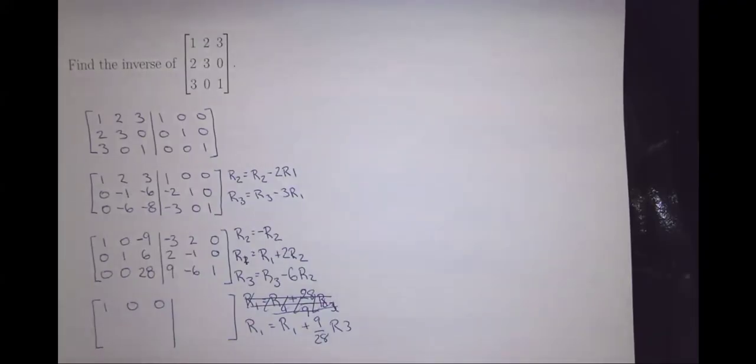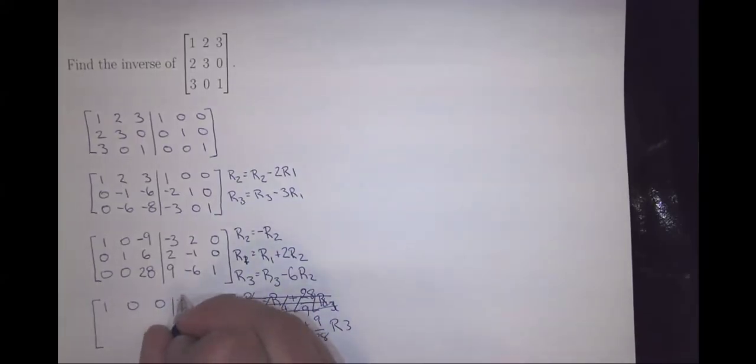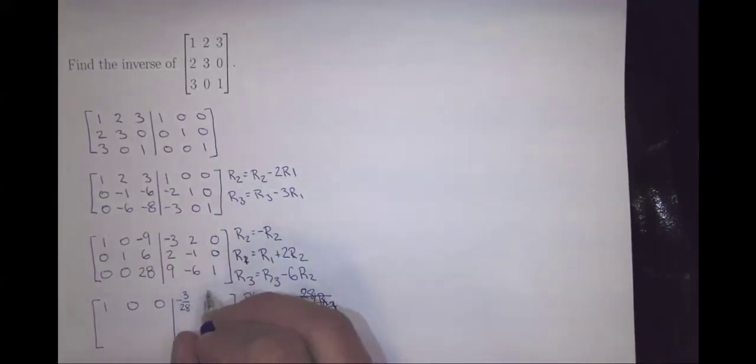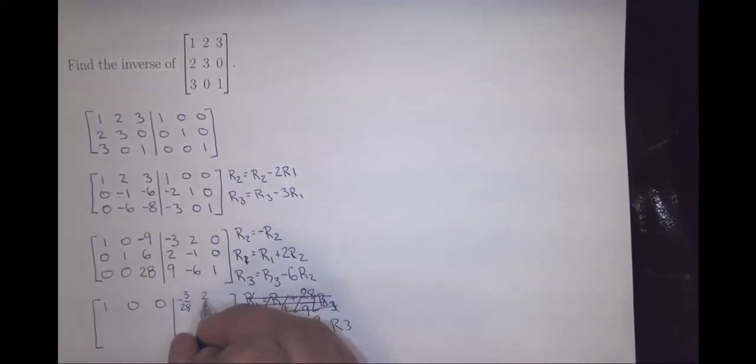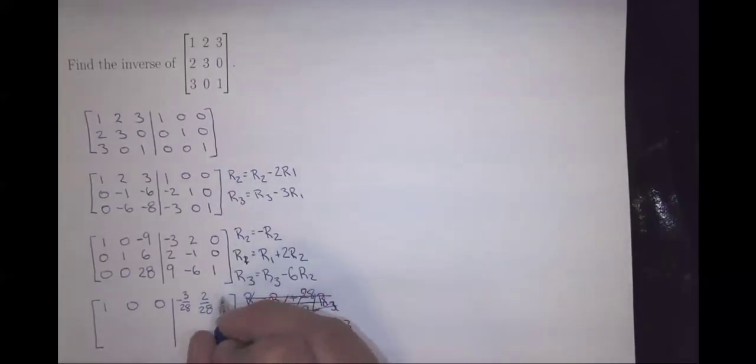And that gives us negative 3 over 28. We end up with 2 over 28. We end up with 9 over 28.